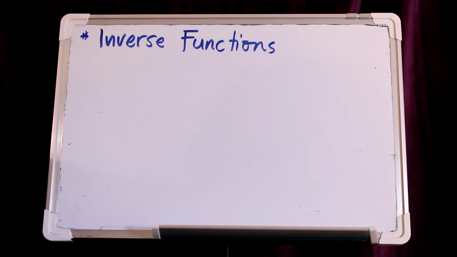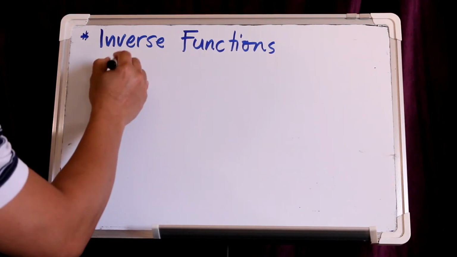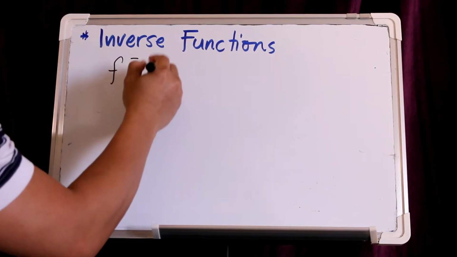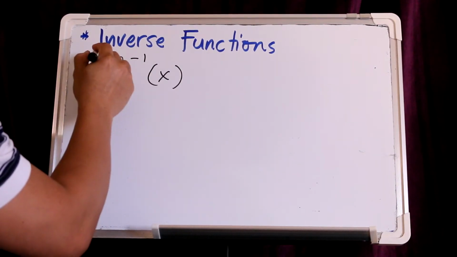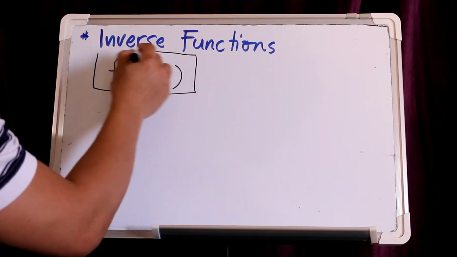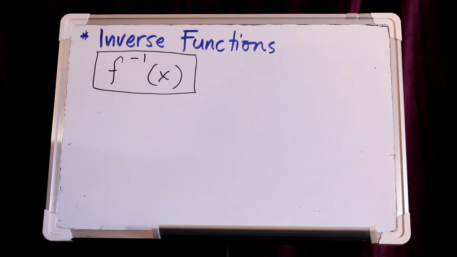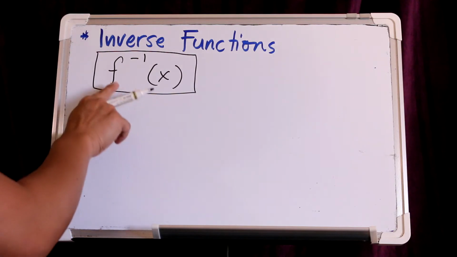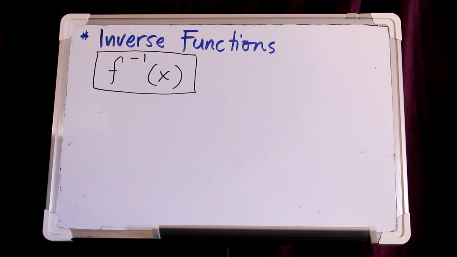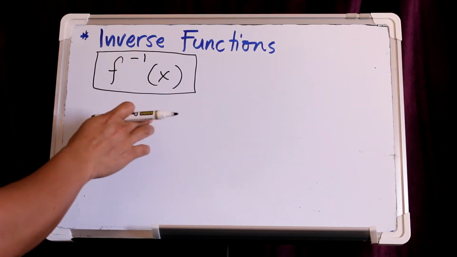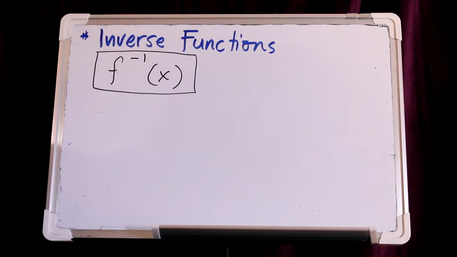So inverse function has this f raised to the power -1 x. Every time you are going to see this symbol, this means an inverse function. So you will be given a function and you will be asked to find f raised to the power -1 x. Or it could be g -1 x, h -1 x.